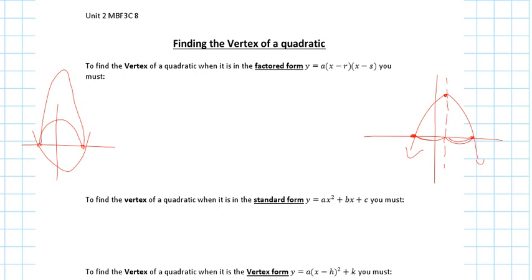So if I know that my x-intercept is here and my other x-intercept is here, to find my vertex, it's going to have to be in the middle between the two. So I have to add my 2 values and divide by 2 to find the middle. Then I can put my axis of symmetry in the middle.